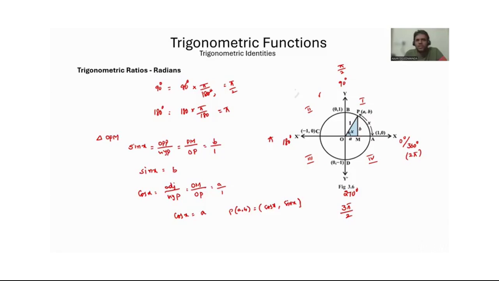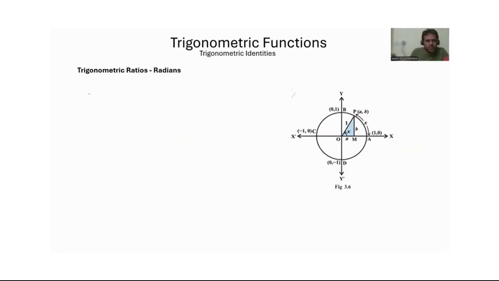Now the trigonometric ratios in terms of radians, right? In terms of radians, instead of substituting the value 30, we will say pi by 6. Let's say 30 degrees.